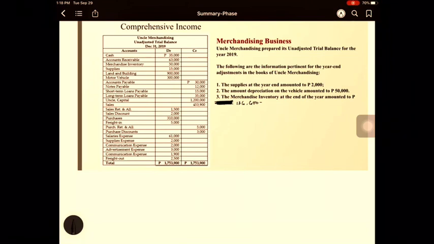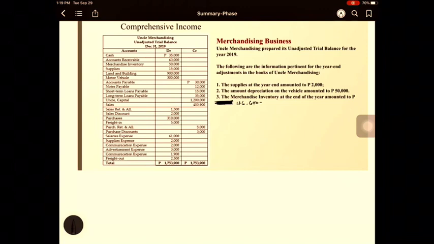The amounts that may finally be used in preparing your financial reports must be those that are already reflected in the adjusted trial balance. So since we are given for the meantime an unadjusted trial balance, we have to first perform the necessary year-end adjustments.